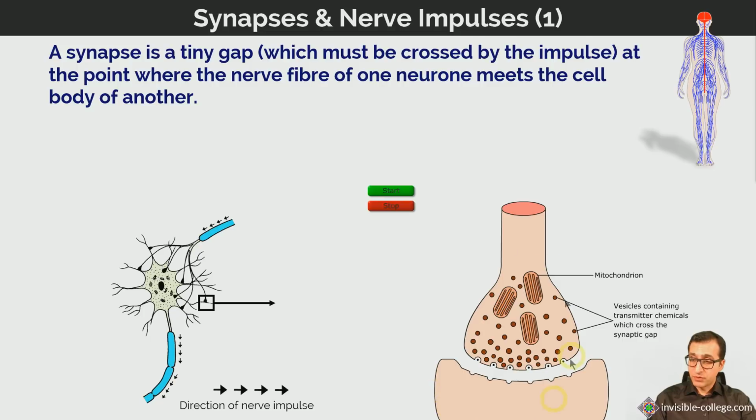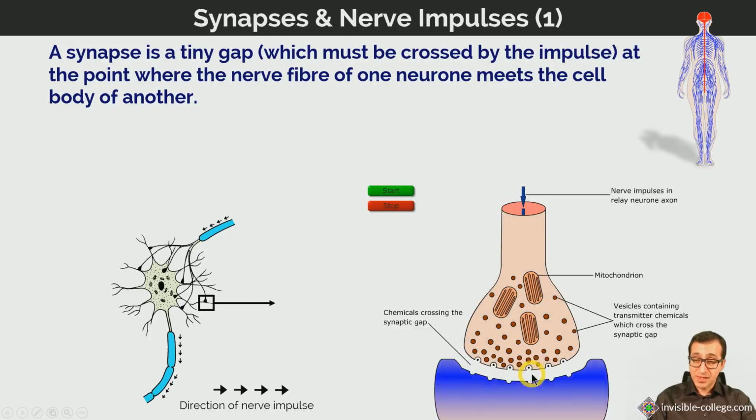So this is a blown up view of a synapse. So this is a synaptic knob of the presynaptic neuron. Once the impulse reaches this synaptic knob, this triggers the release of a chemical called a neurotransmitter from the presynaptic membrane.